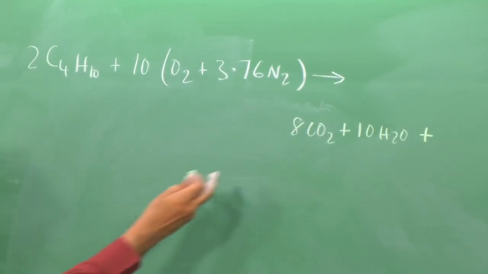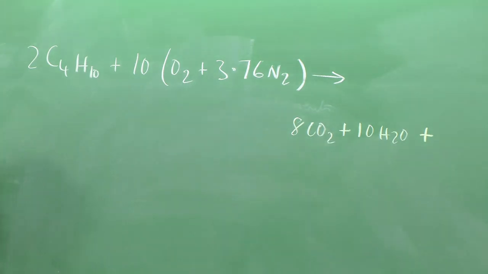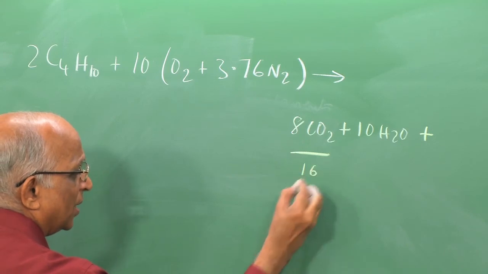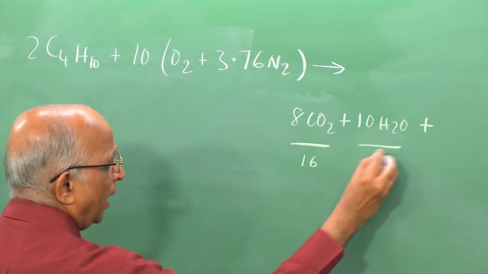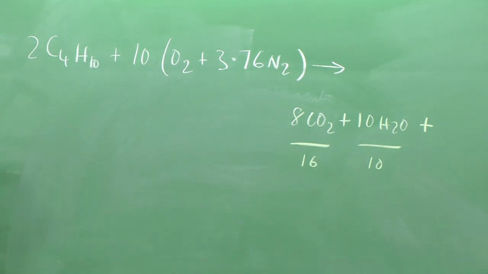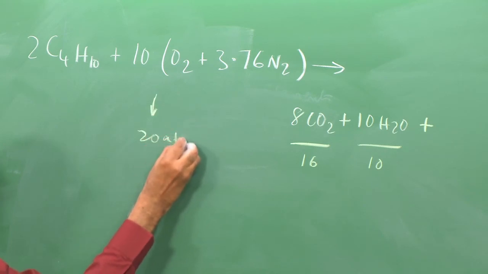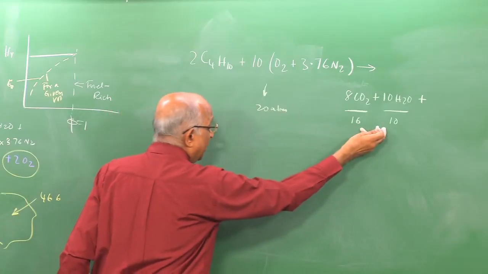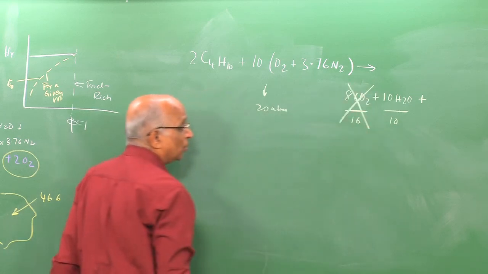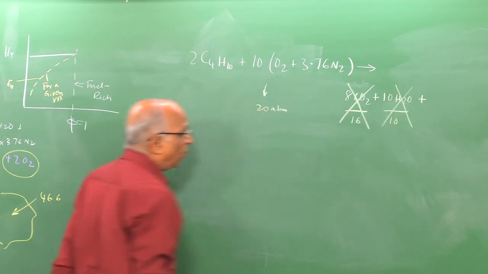If I were to get carbon dioxide and water completely oxidized as in a stoichiometric reaction, I need 16 atoms of oxygen for the carbon dioxide plus 10 for the water, so I need 26 atoms of oxygen, and what I have here is just 20 atoms, whereas what I require is 26. Therefore, it is not likely that 8 CO2 is getting formed. It is also quite possible that 10 of water is not being formed.